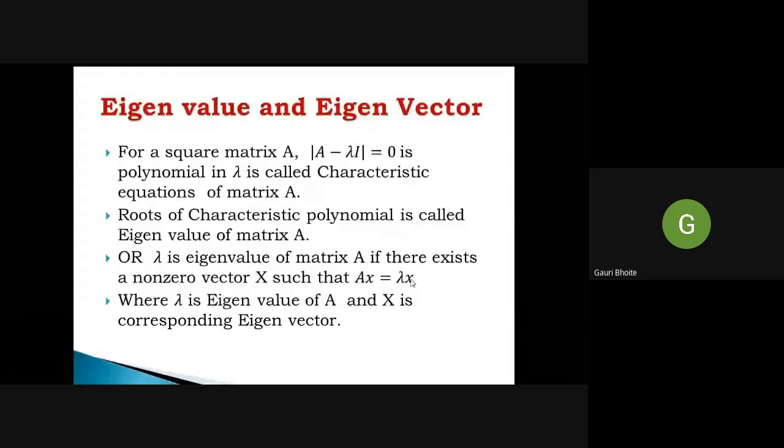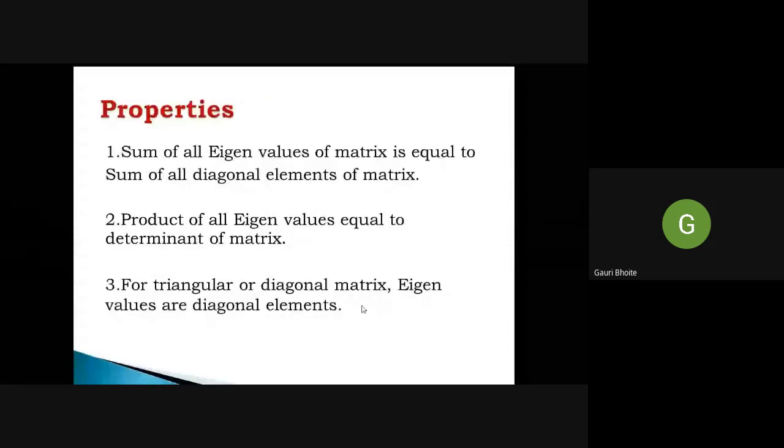Now I am not interested in finding actual eigenvalues immediately, but we will see some properties and examples based on this. Very important properties: the sum of all eigenvalues of a matrix is equal to the sum of the diagonal elements of that matrix.